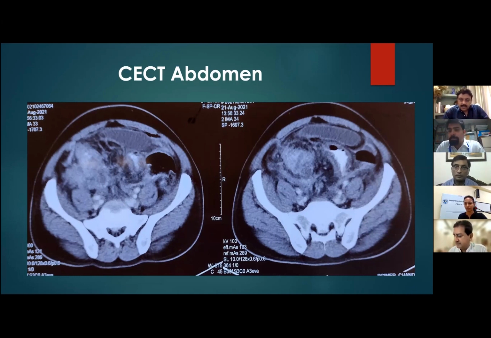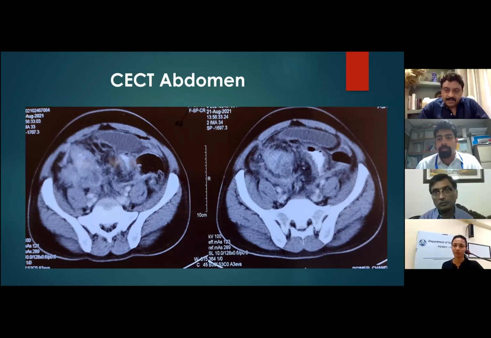Because what they say is in the left-sided lesions, they prefer to get a PET scan because they need to rule out lung metastasis. Because on the left side, even in the absence of hepatic metastasis, you can find some lung metastasis. While on the right side, even a CT involving the chest is more than enough. So they go in for a PET scan, especially for the left-sided lesions, prior to surgery.